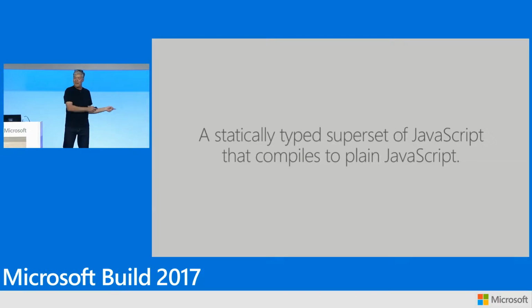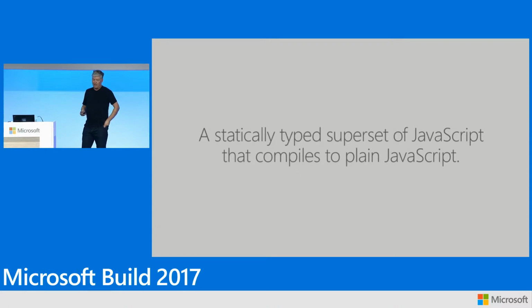So in a sense, TypeScript starts with JavaScript, and then we add an optional static type system. But then when we compile, all of the types go away. So you're left in the development phase of your program with an elevated experience where you have a more grown-up language, but your code is just JavaScript, and it runs everywhere that JavaScript runs.